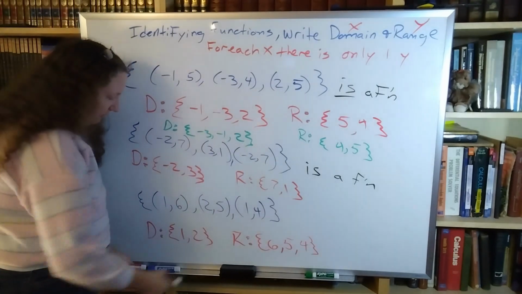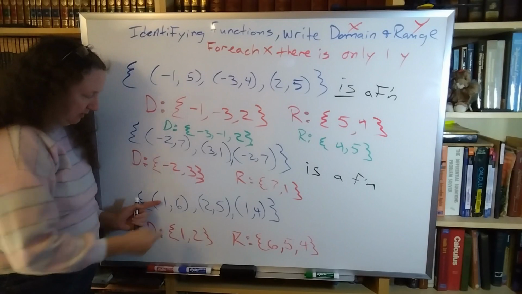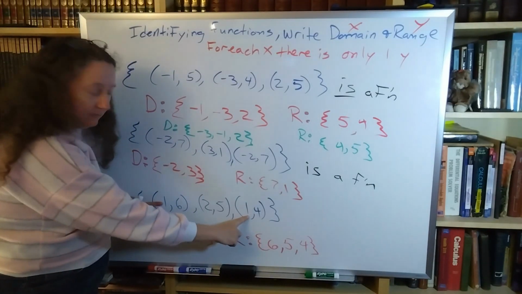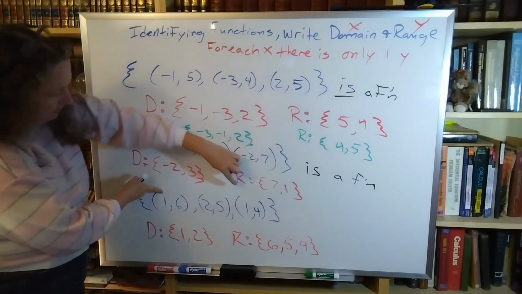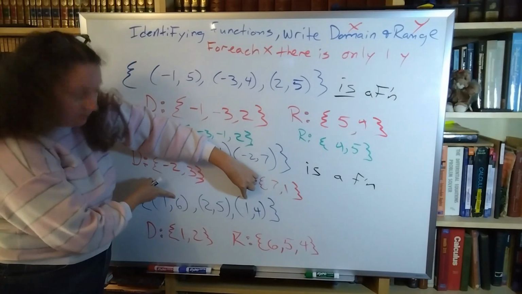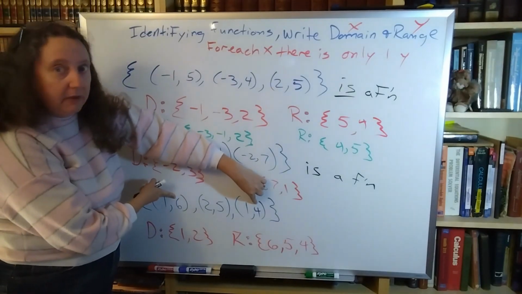So looking at this, my 1 repeats, shows up there, and it shows up over here. So now I have to figure out, with that, do I have the y the same? This has a 6, that has a 4. That is not the same.